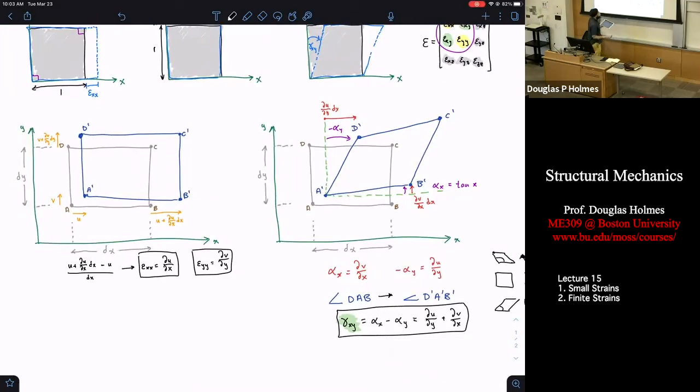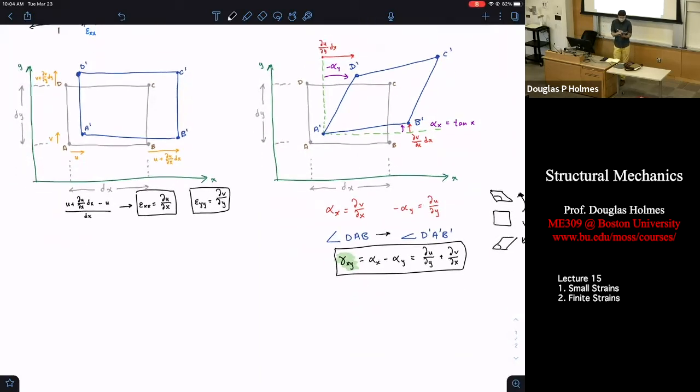But you could also just say, I could probably guess that the strain in the z direction is going to be the relative change in w with respect to the relative change in z. And I can probably guess that I'm going to have two other shear strains that are going to be the other combinations of u and w, v and w, for y, x, and z. So let's do exactly that.